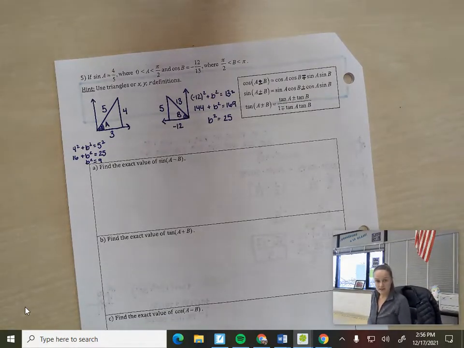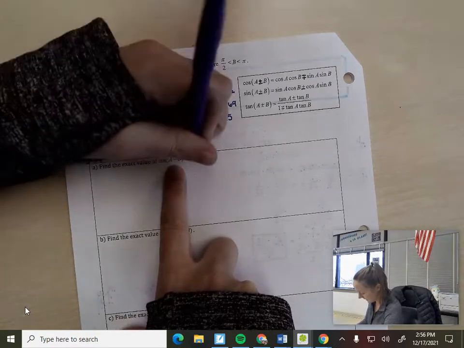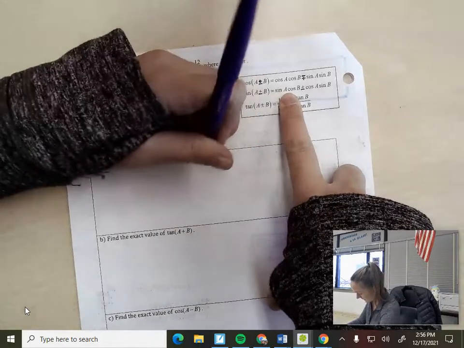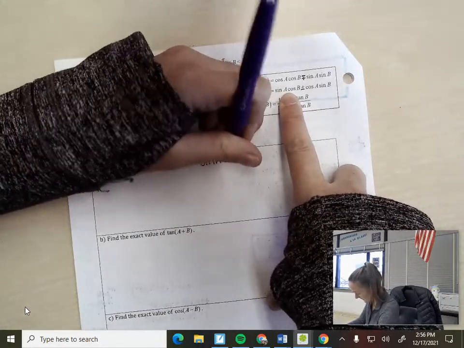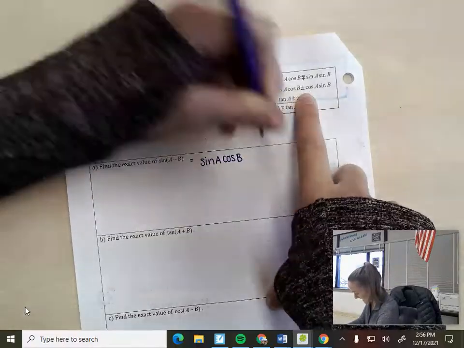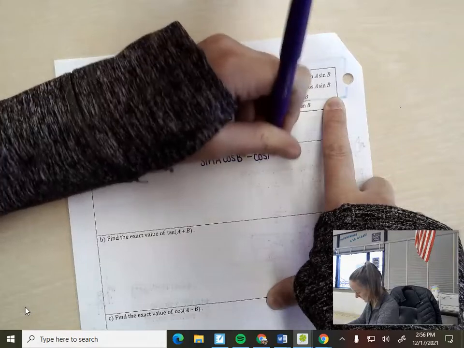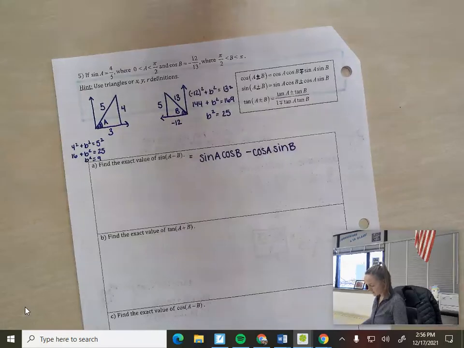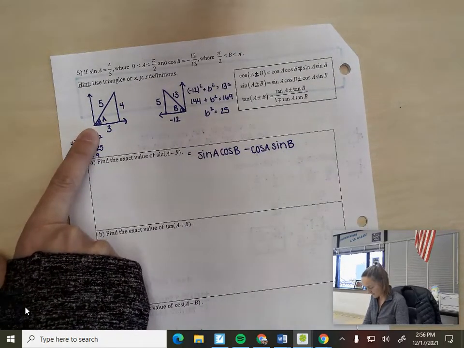So find the exact value for sine of A minus B. I'm just going to write down the formula. Sine of A minus B equals sine of A cosine of B minus cosine of A sine of B. So now I'm going to go through with my A angle, and I'm going to find sine.